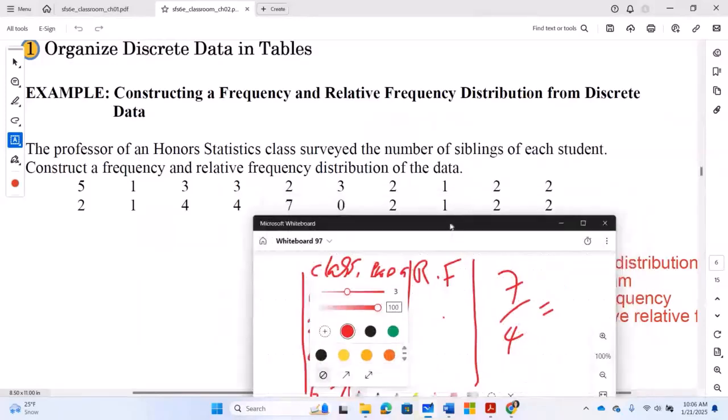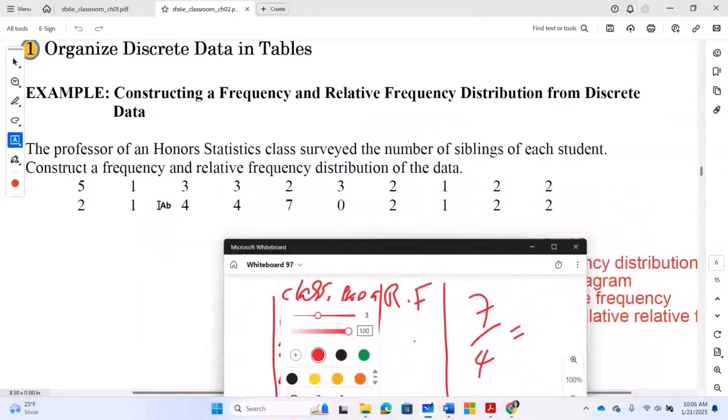Okay, now I want to count. How many numbers range from 0 to 1? In other words, what is the frequency of the first class? 1, 2, 3, 4, 5.